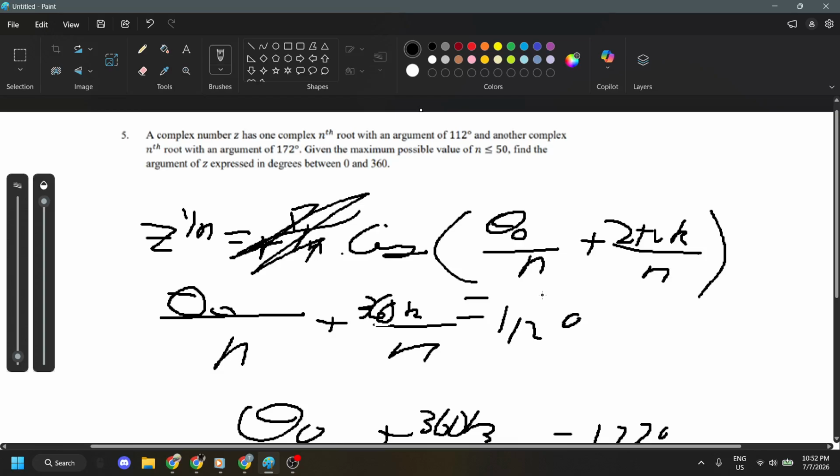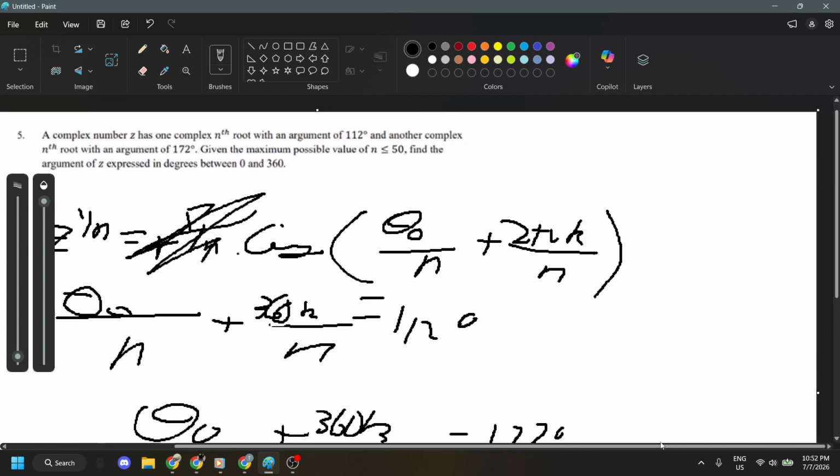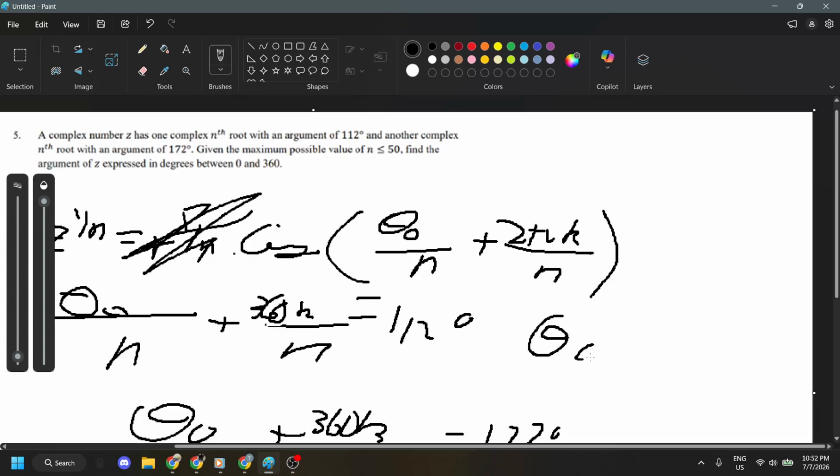So what I'm thinking is if we take theta 0 plus 360k is equal to 112n.